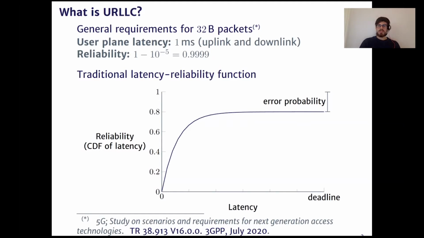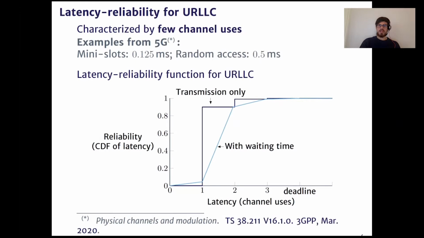So this is the traditional latency reliability function that we can observe. Instead, URLLC, as we know, is characterized by few channel uses. Why? We don't have many opportunities to transmit and fail. For example, in 5G, mini slots can be of around 0.1 to 5 milliseconds of length.